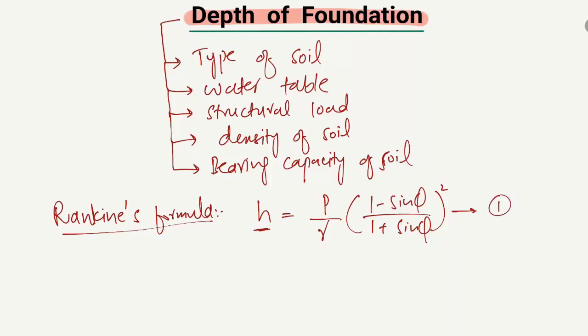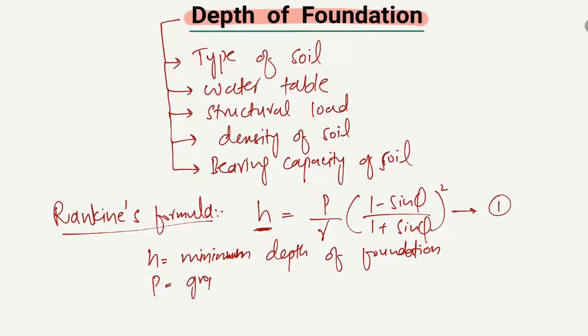Now, what are these different factors? H is the minimum depth of foundation. P is the gross bearing capacity of soil.